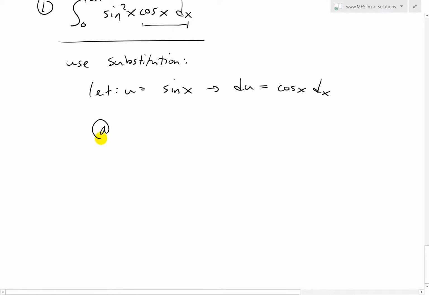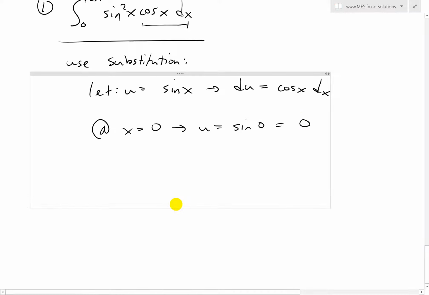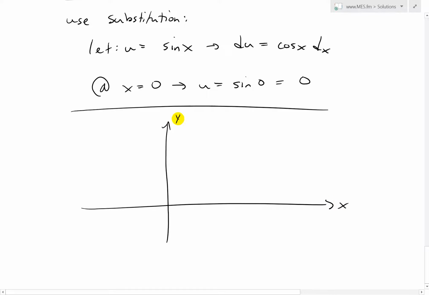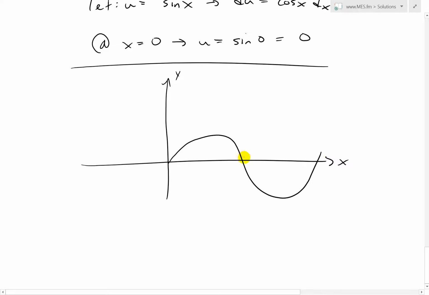Now what we also know is at x equals 0, u is equal to sine of 0, which equals 0. And to recap on that sine curve, if you look at the x, y graph, it looks something like this, this is 0, this is y equals sine of x.